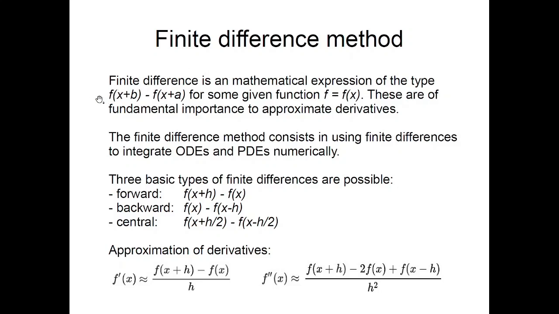So for example, f of x plus b minus f of x plus a. You have a function f depending on one variable, and you are introducing an interval in this variable. You are introducing 2 points, x plus b and x plus a, and the finite difference is essentially the difference of the values that the function has on these 2 points.